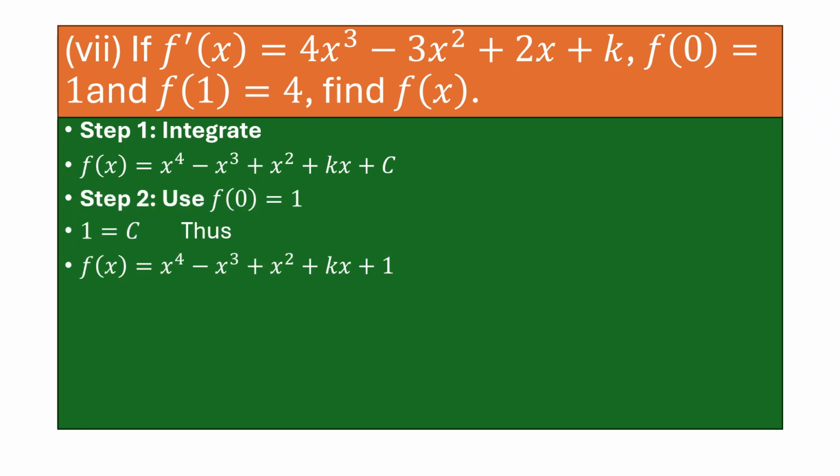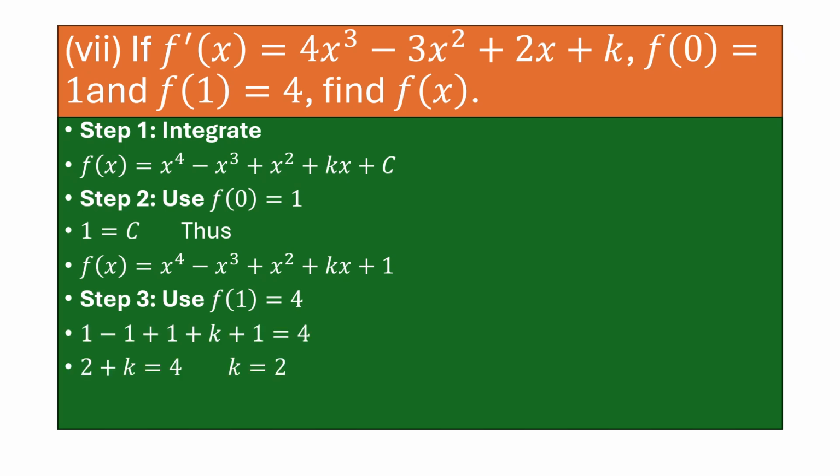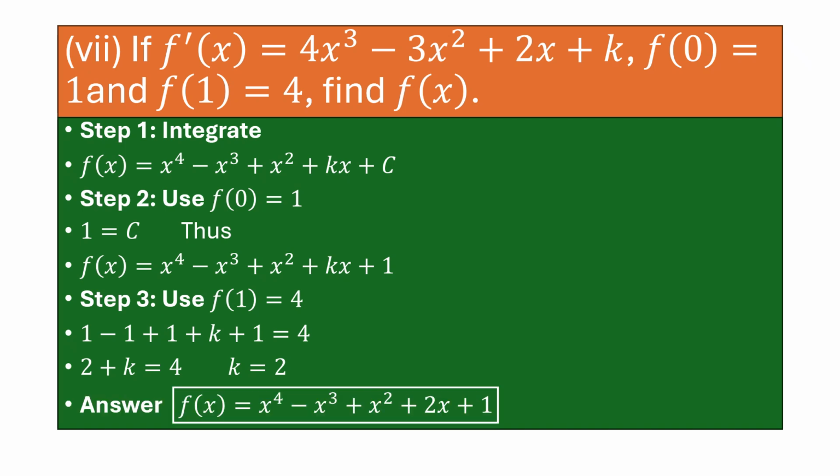What is step 2? Step 2 will be f of 0, which is 1, then c is equal to 1. Again, you substitute, and then f of 1 is 4. Likewise, when you substitute the value, you will get the value of k. And the final answer will be x to the power 4 minus x cubed plus x squared plus 2x plus 1.